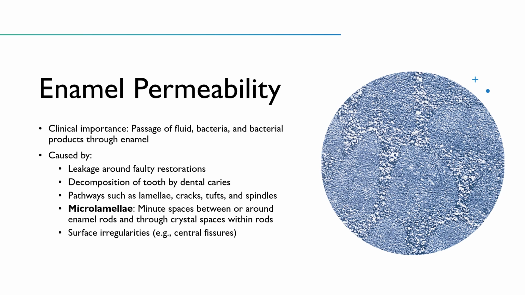And then our enamel is also permeable because there are sometimes just regular surface irregularities. There can be irregular areas on the surface of the tooth. If you think of areas of our teeth where our pits and fissures are, there are certain parts of those teeth that might be more permeable to things that our teeth are exposed to.